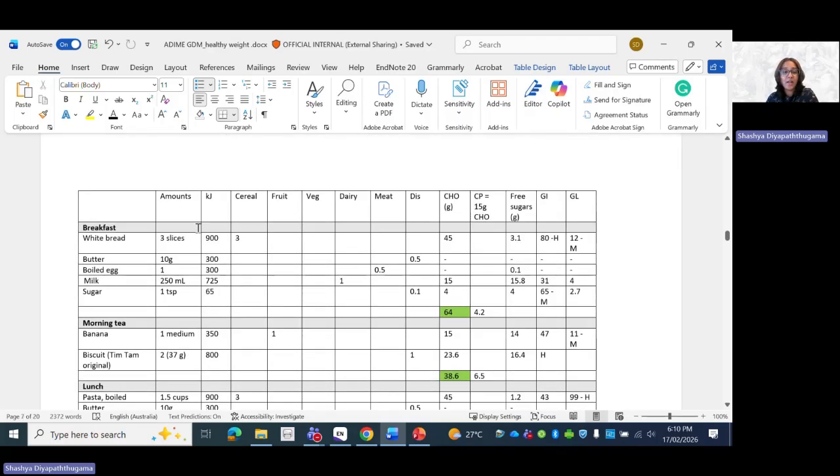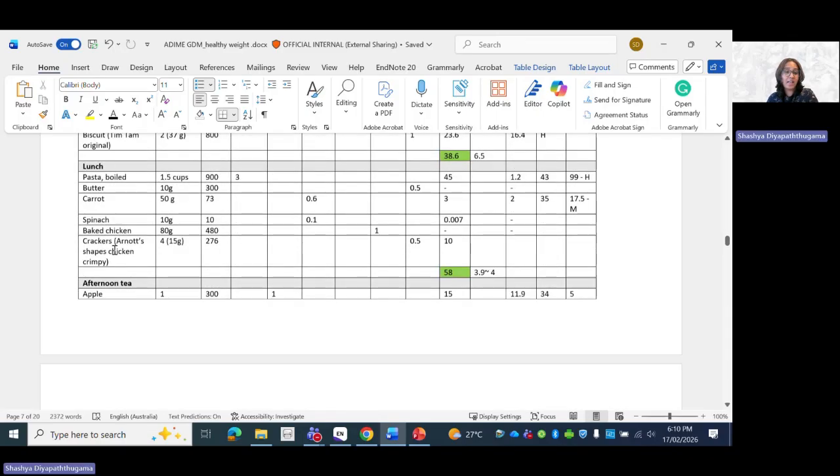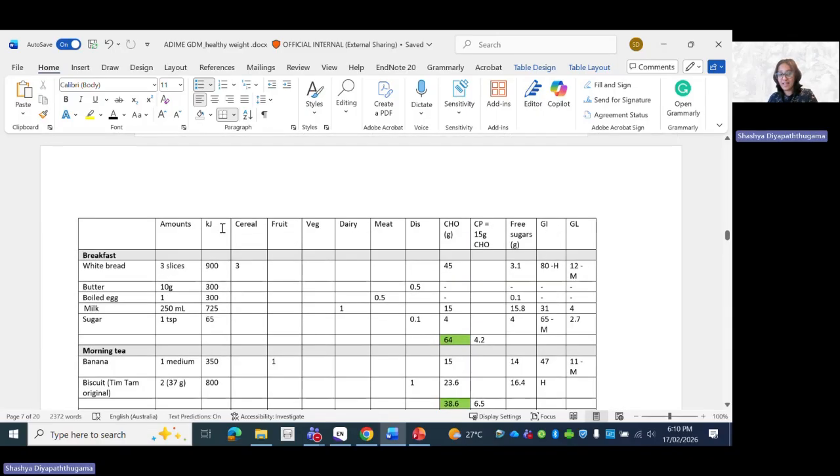So this is her diet. And I have calculated the energy and the food groups: carbohydrates, free sugars, glycemic index, and glycemic loads for you.